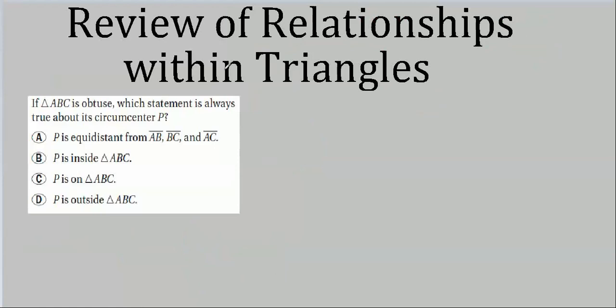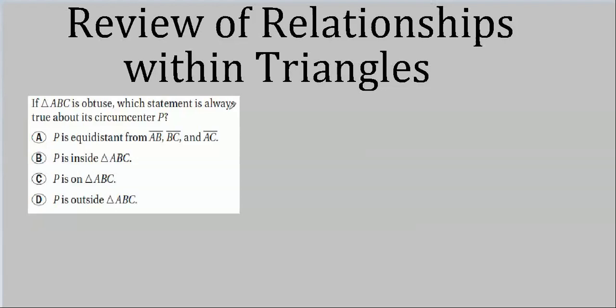Okay, this is one where really all you have to do is remember what a circumcenter is, and then our little facts about circumcenter. Remember, a circumcenter is the point where the perpendicular bisectors intersect.